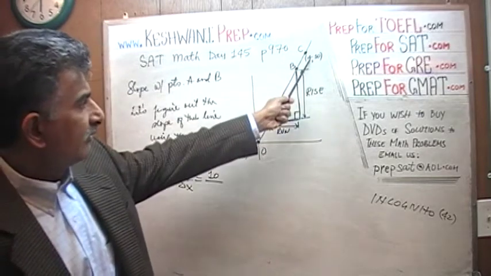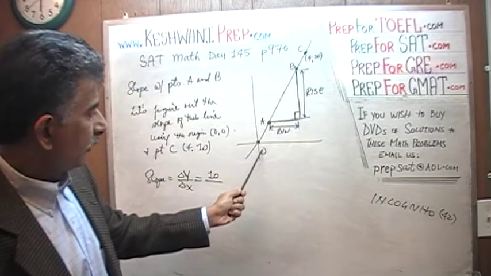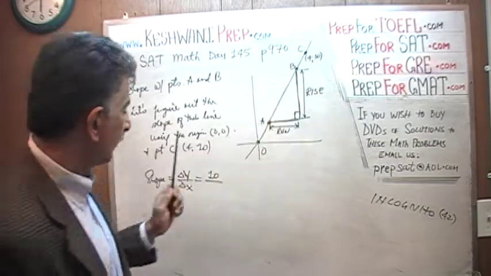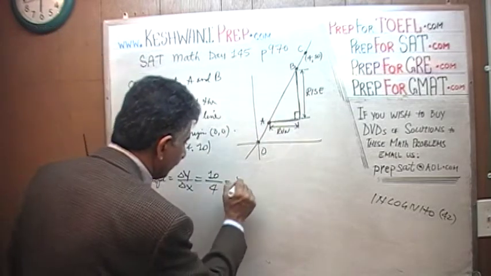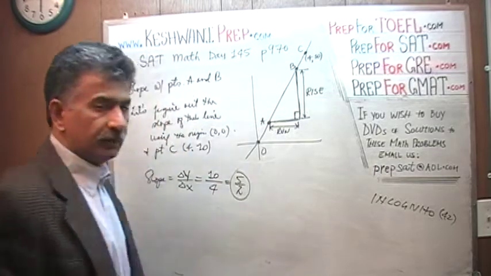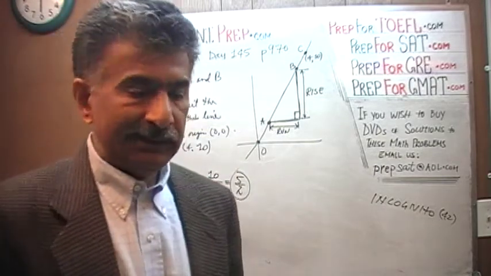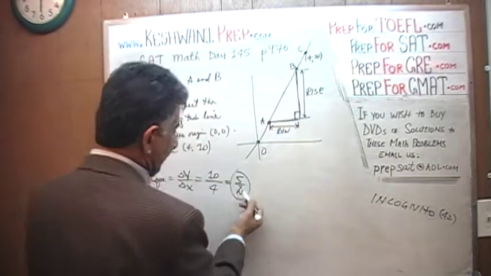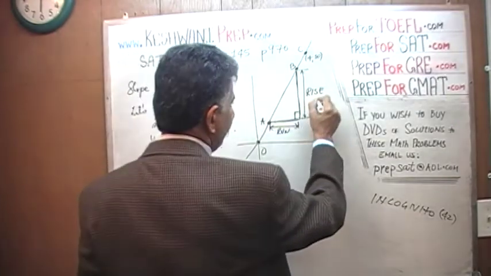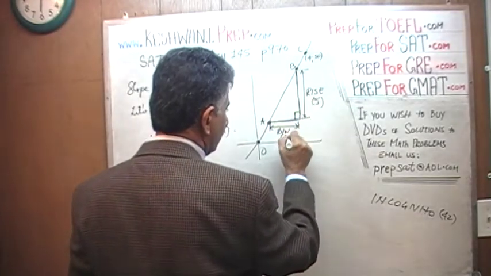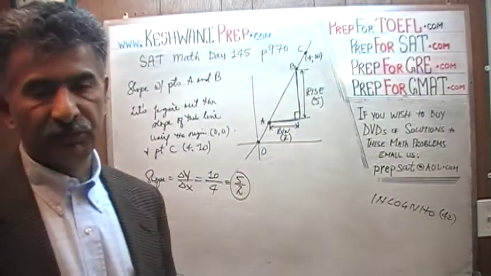The x coordinate of point C is 4, the x coordinate of the origin is 0, so the change in x is 4. So there you go, that's our slope. 5 over 2 is our slope. In other words, the ratio of the rise to run has to be 5 over 2. If this rise is 5, then this run would have to be 2. They have to be in that ratio.